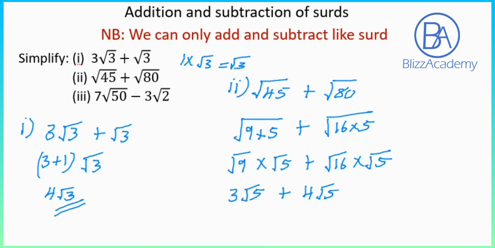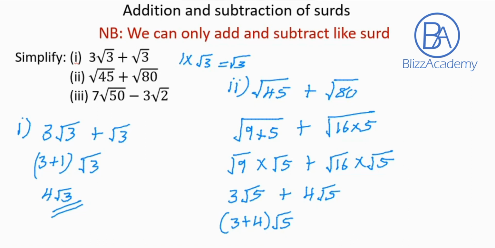As you can see, we have simplified these surds to be like surds, so we can go ahead and add them. This will give us 3 plus 4 root 5, and we know that 3 plus 4 is 7. So the final answer will be 7 root 5.